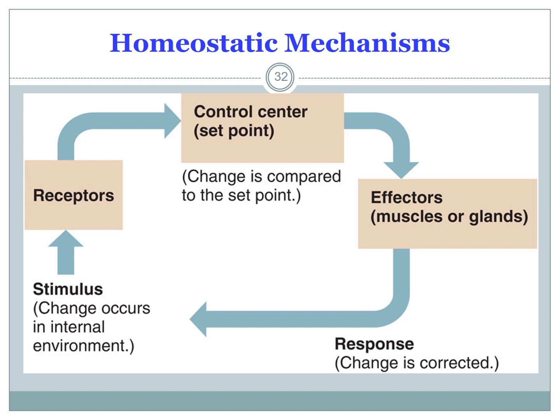So there's a stimulus, a change that occurs. Receptors detect this and send information to the set point. In the control center, the hypothalamus detects that this is a deviation from the normal range, and then there's some type of effect. It could involve muscles, such as breathing. It could involve glands, such as the pancreas, and then the response is corrected. And a lot of these occur and you don't even realize it.